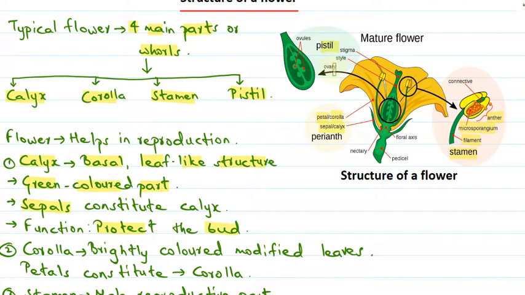It comprises the stigma, style and ovary. Inside the ovary there are ovules, and this is where the eggs develop. The pistil is also known as the gynoecium, another name for pistil.